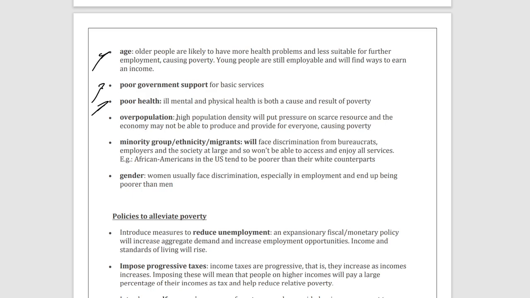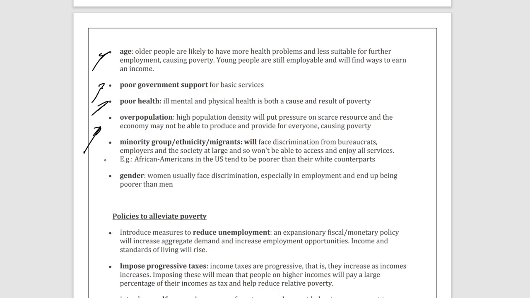Then there's overpopulation. Overpopulation may occur because people don't have enough money to afford contraceptives, or because people are willing to increase their family size so that they can have human labor. Overpopulation means you have to feed your family, and hence income is split among like 10 people if you have a big family.